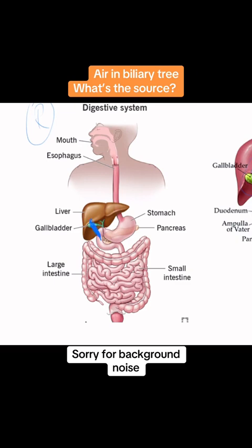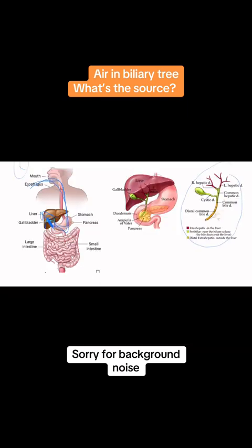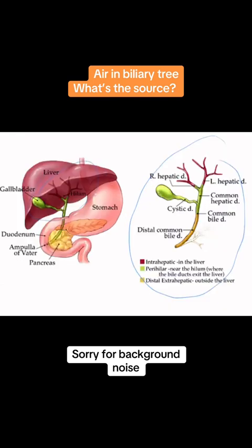Air from the GI system or enteric system can get into the biliary tree, like that. So that's why when imaging is done, you see air in the biliary tree. So an abnormal connection between the gallbladder and the enteric system, air gets into the biliary tree. So this whole system will be filled with air.